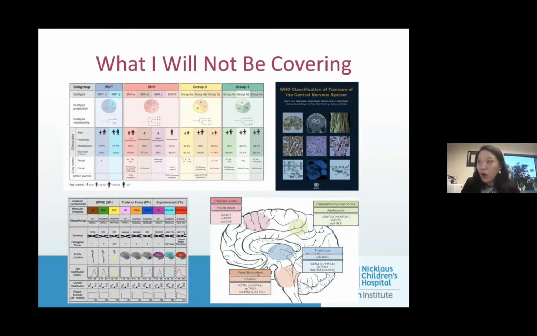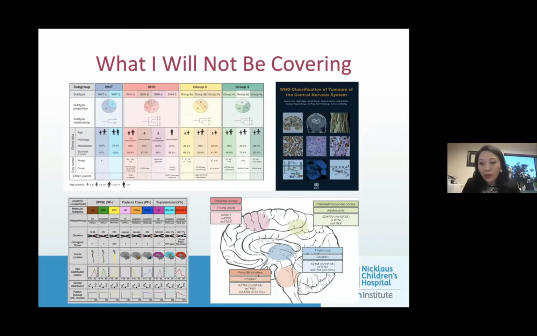As you can recall, Dr. Niazi gave a great talk a few months ago about the genetics of pediatric brain tumors, and others like Michael Taylor and Cynthia Hawkins have given really great talks about the advancements of molecular genetics in medulloblastoma and ependymoma, and also the discovery of H3K27 mutations in midline gliomas and how they are applicable to pediatric neurosurgery.